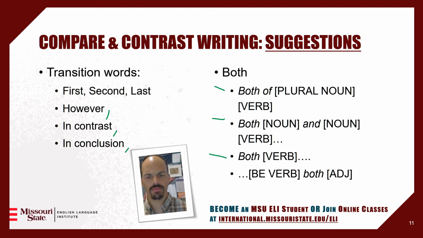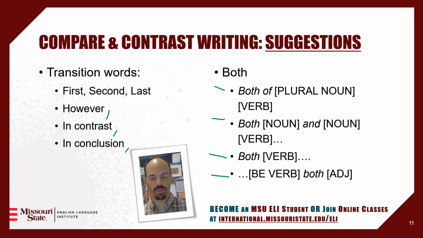And here we have both followed by a verb. If you're going to use it this way, it's important to make sure that who you're referring to with both is clear. So both is a pronoun in this case. If I've already been talking about John and Sarah and I say both are from New York City, then you know that I'm talking about John and Sarah.